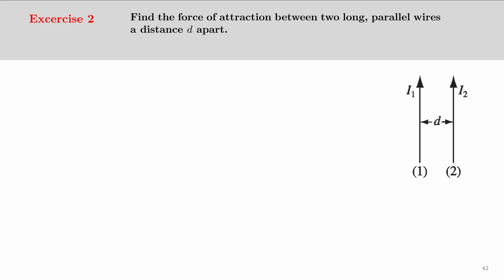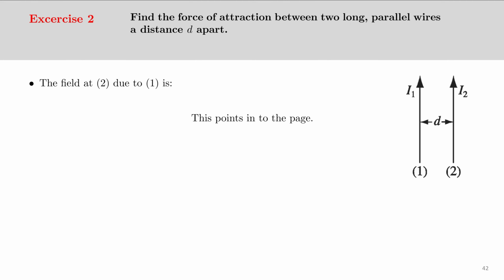We shall now try to find out the force of attraction between two long parallel wires which are at a distance d apart. So this is schematically shown in this figure. Conductor 1 is carrying a current I1 and conductor 2 is carrying a current I2. They are separated by a distance d.